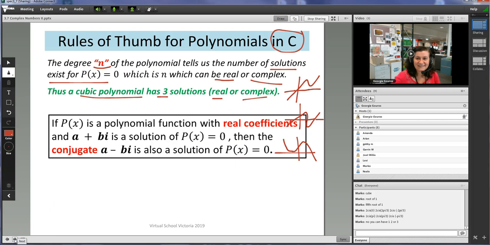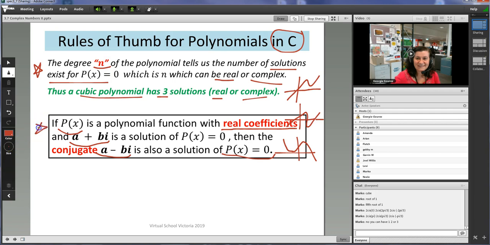Okay, maybe that's great. There's another rule too. If our polynomial is a polynomial where all the coefficients are real numbers and we happen to find one complex solution, then the conjugate is also a solution of that particular polynomial. So there's a couple of new rules here. There's n solutions for a polynomial of degree n. That's rule number 1.